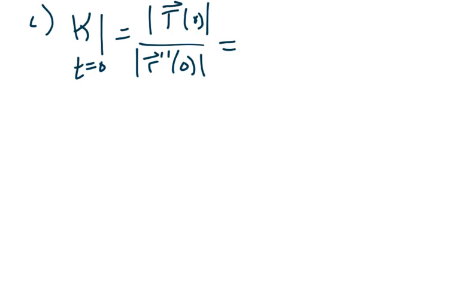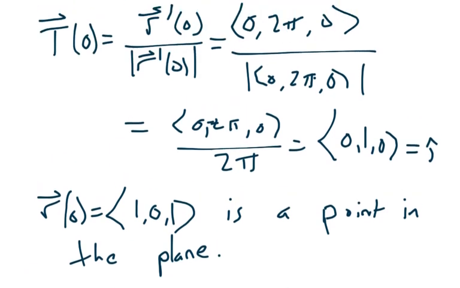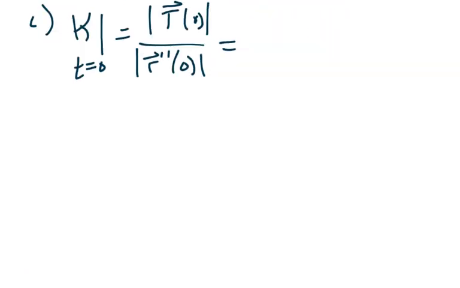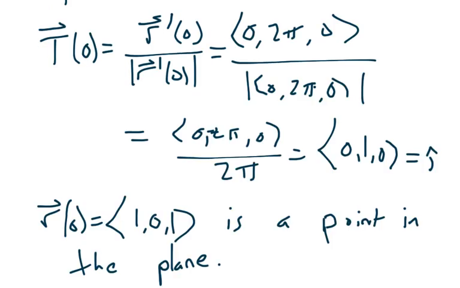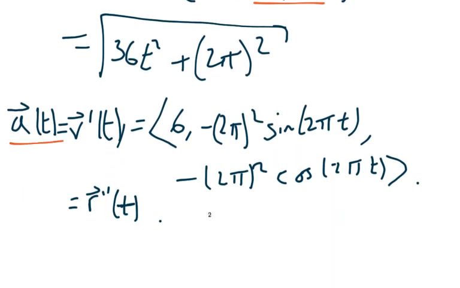We know what we just found T of 0 is 0, 1, 0, so its magnitude is just 1. And then we need the magnitude of r double prime. If we remember, this is r double prime.